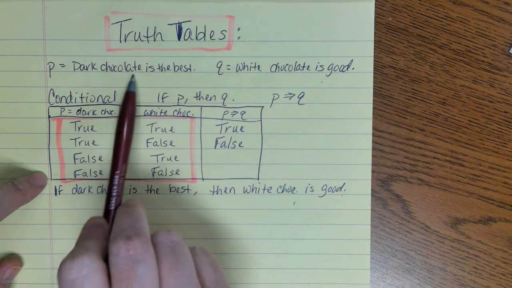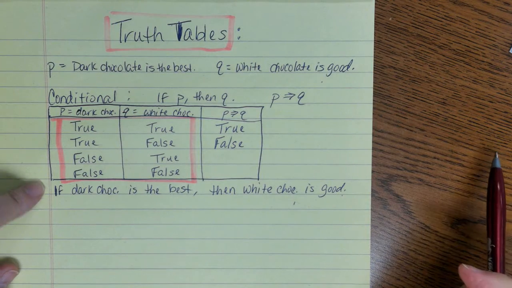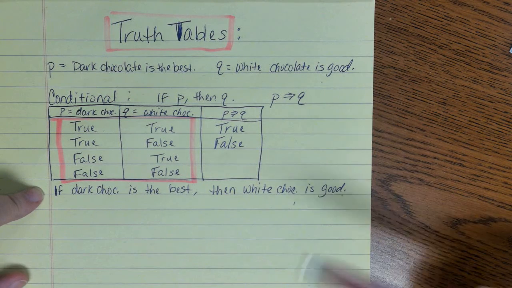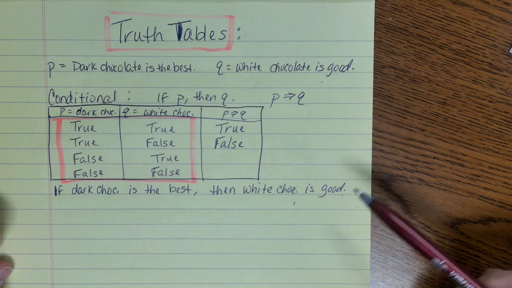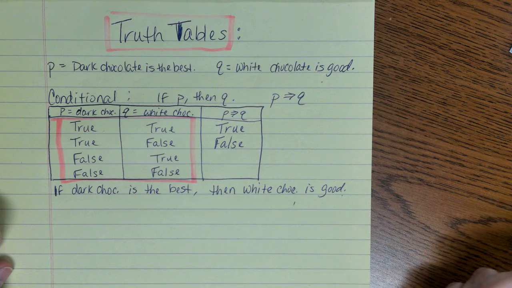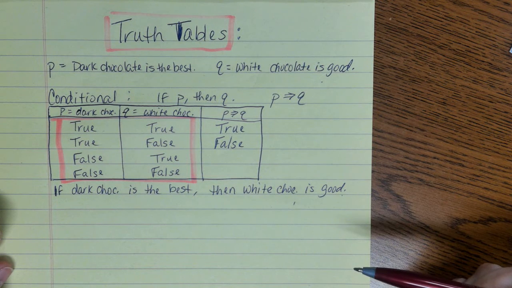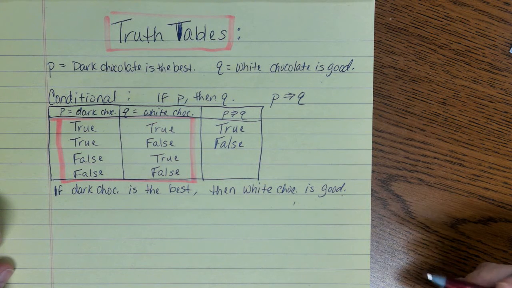But if dark chocolate's not the best, white chocolate's good, is this sentence true or false? That's where the trick comes in. Remember the example we used with conditionals last week: if I get paid, then I'll take you to the movies. Well, if I didn't get paid, was there any chance I was lying? Oh, no. So it's true.